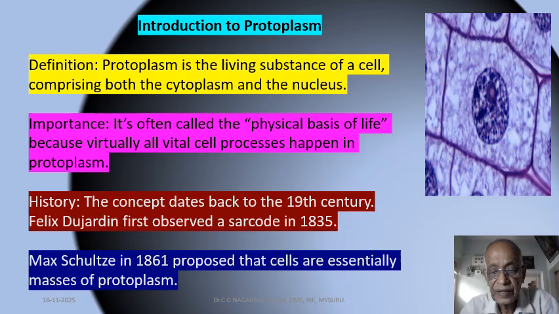Later on, the entire thing changed, and today we know every living system, it may be a plant, it may be an animal, it may be a one-celled organism or many-celled organisms, whatever the type of organism it may be, if it is living, if it can show the signs of life, then it must contain protoplasm. That is the most important key point you have to remember here.